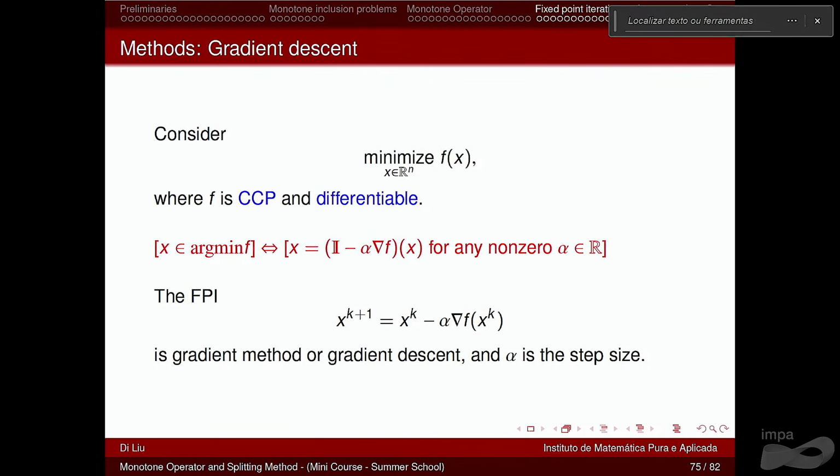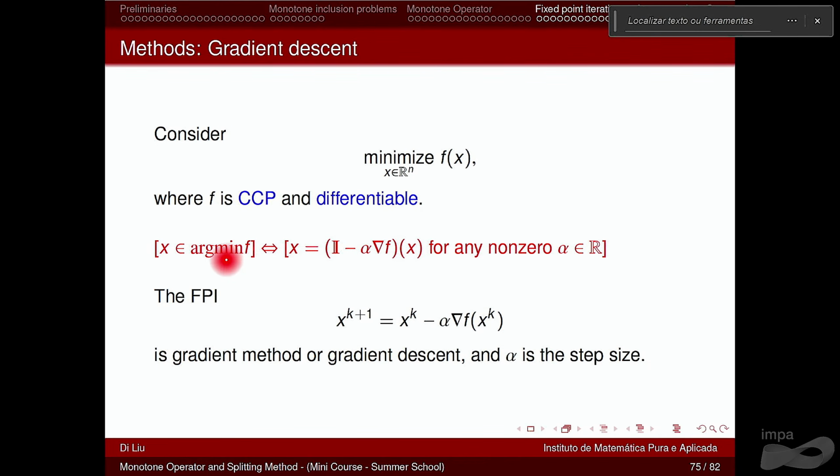Just to recall, in the previous slide, we analyzed the convergence not by the averaged operator but by the contraction and the Banach fixed point theorem. There, we assumed that f is strongly convex and L-smooth, which is a very strong assumption. But here, we just need to assume that f is CCP and differentiable.